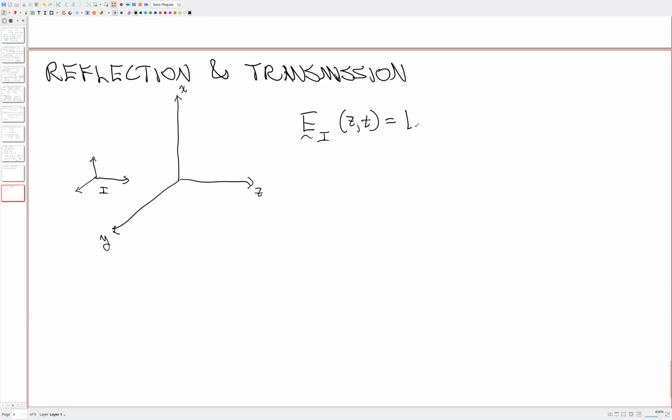So what is this? This is the vector E0. Actually, it's not even a vector because we put it straight in the polarization x-axis. So this is going to be E0 incident, e to the i k.